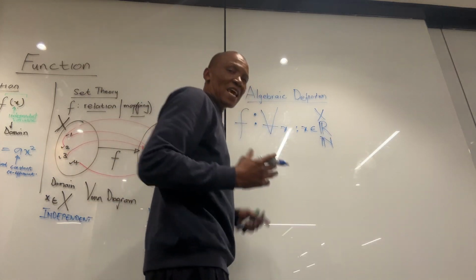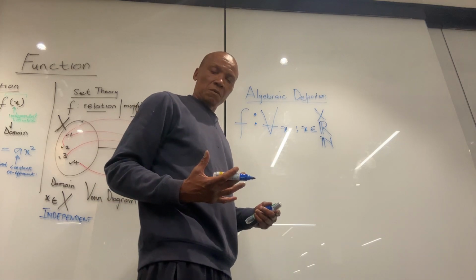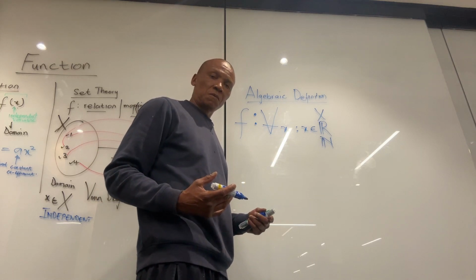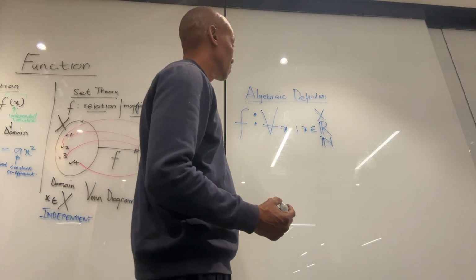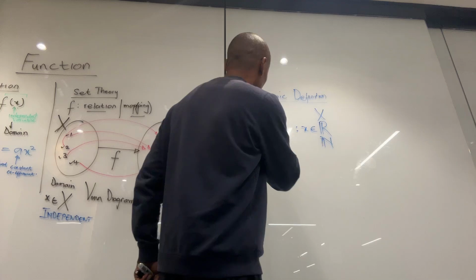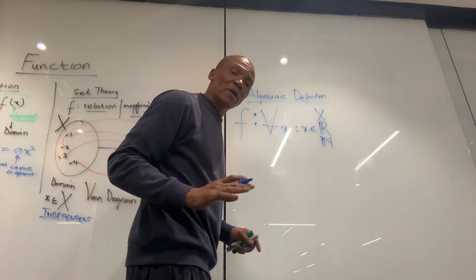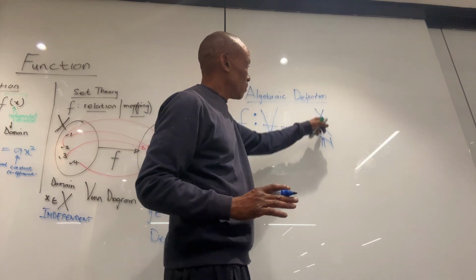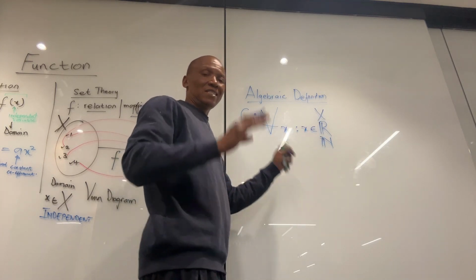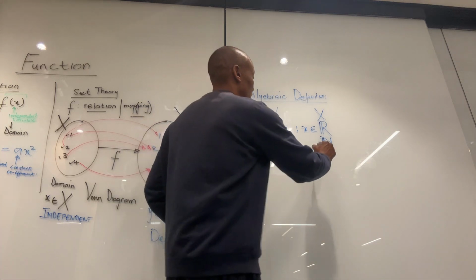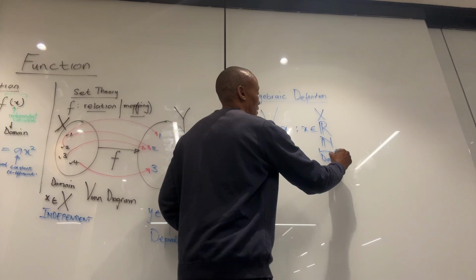In other words, I'm saying X comes from the domain of natural numbers. That is, F is such that for all values of X in the domain, where the domain is X is an element of this set, which is the domain. These are my domain.